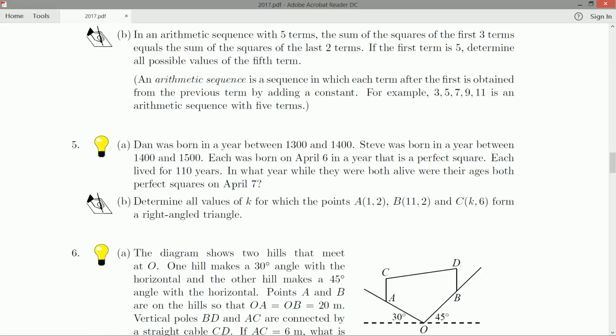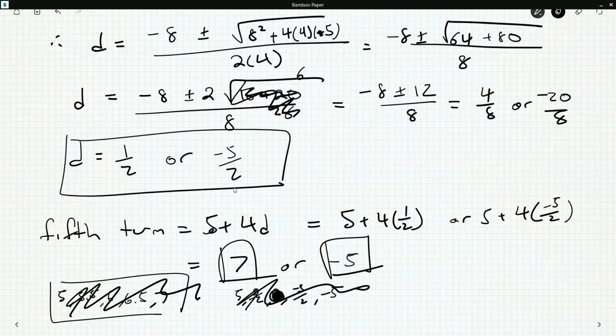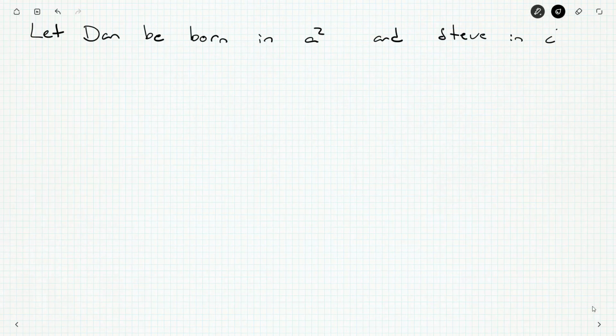Okay, so we need the year, but we know they were born on perfect squares. So we could say, let Dan be born in year A squared, and Steve in year C squared.